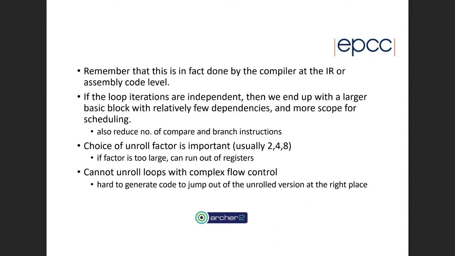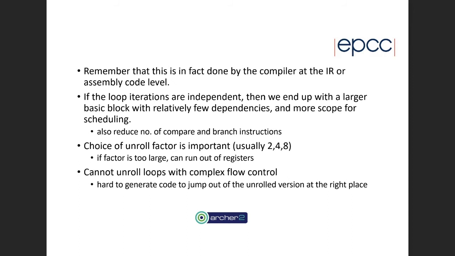So again, the choice of unroll factor is important. If you make it too large, then you can potentially run out of registers. But the compiler knows exactly how many registers it's got to play with, so it's another reason for not doing it at the source code level, but letting the compiler do it.